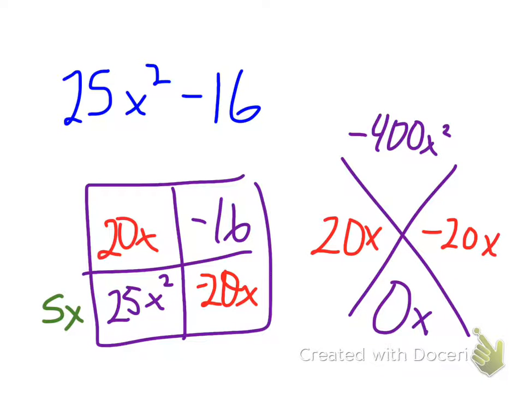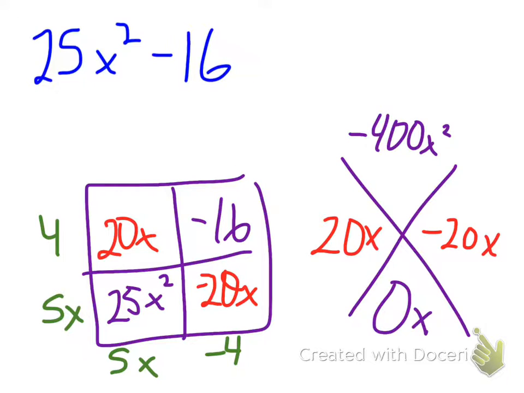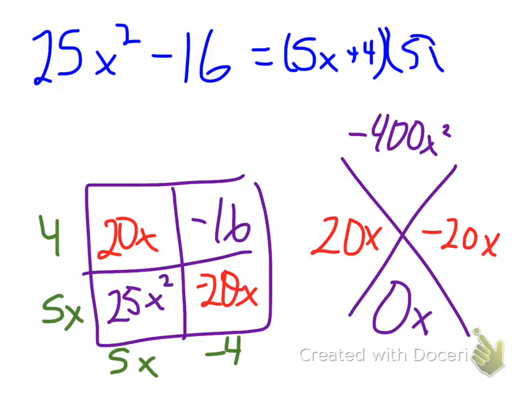That means down here also has to be a 5x. Over here is going to end up being a 4. And over here will be a negative 4. So 25x squared minus 16 factors into 5x plus 4 times 5x minus 4.